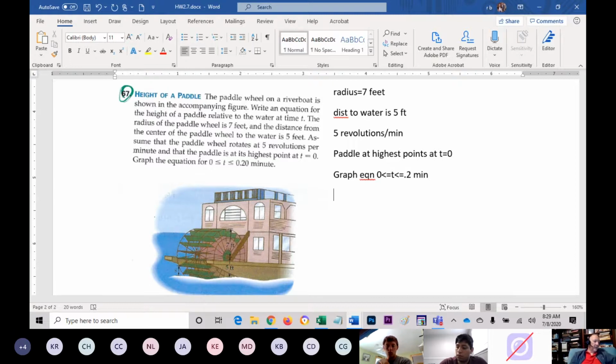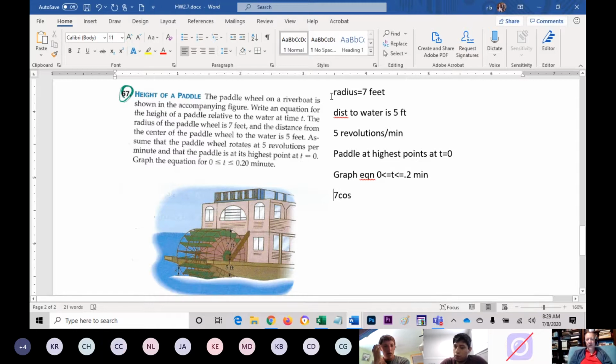So, does anybody have any ideas on this one? Would we use cosine because it's starting at the top? Yes, cosine, definitely. And our amplitude would be our radius, right? So 7 times the cosine. Okay, 7 cosine.